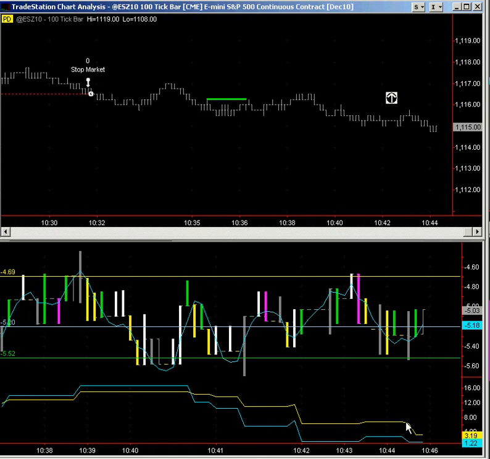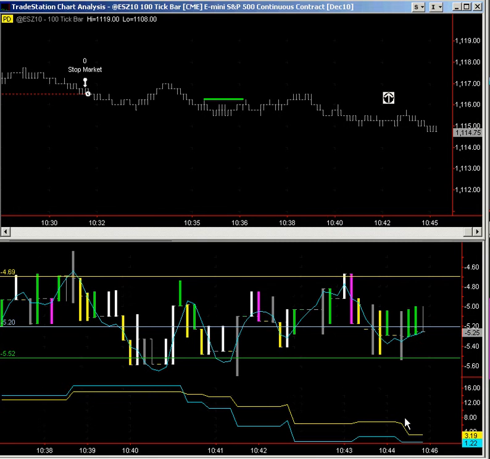Our stochastic indicator here is showing oversold condition, so we know we're close. We don't really use the stochastic for any other purpose than to just give us a general idea as to whether we're overbought or oversold.